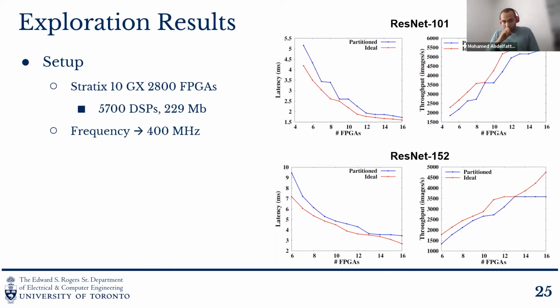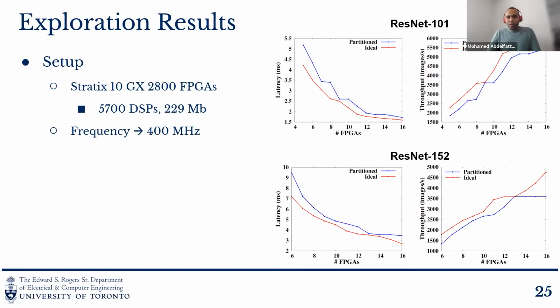The blue curve represents the partitioned case, or what actually will happen when we have multiple FPGAs, and the red case represents an ideal case that has a single giant FPGA with the accumulated resources of all of those FPGAs. In these experiments, we're assuming a Stratix 10 GX device, running at 400 megahertz.